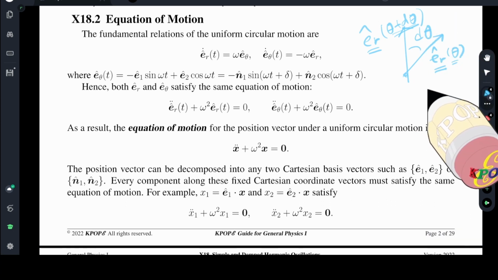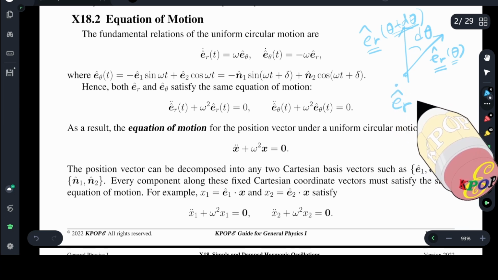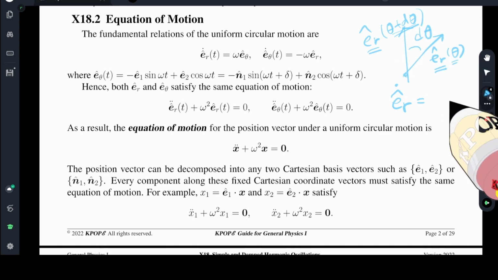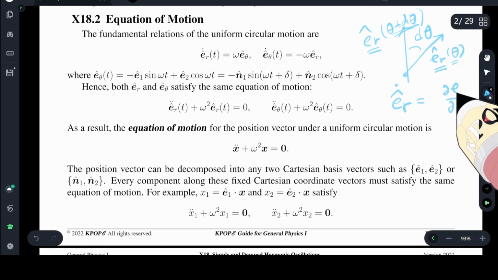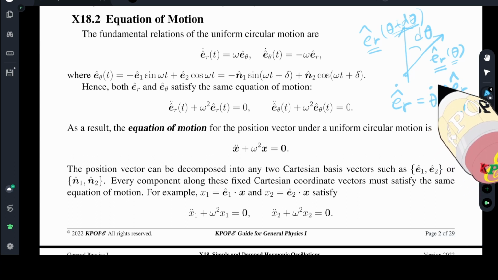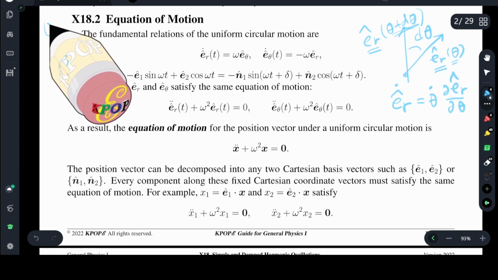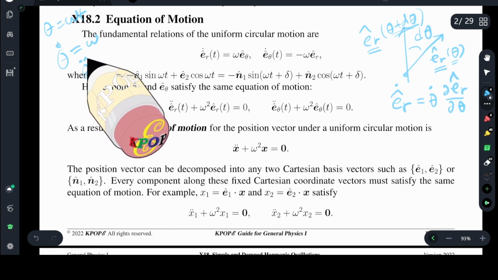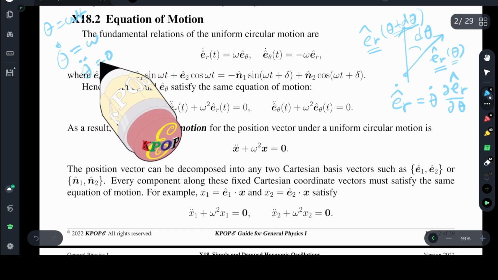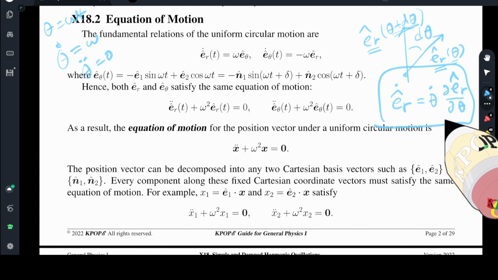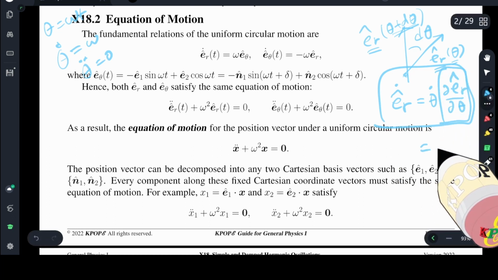If you take the derivative e r hat dot, because it is completely determined once we know the angle, we can simply use the chain rule. Because theta is omega t and omega is a constant, theta dot is omega and theta double dot is zero, because it's uniform circular motion. We know that this one is a unit tangential vector.